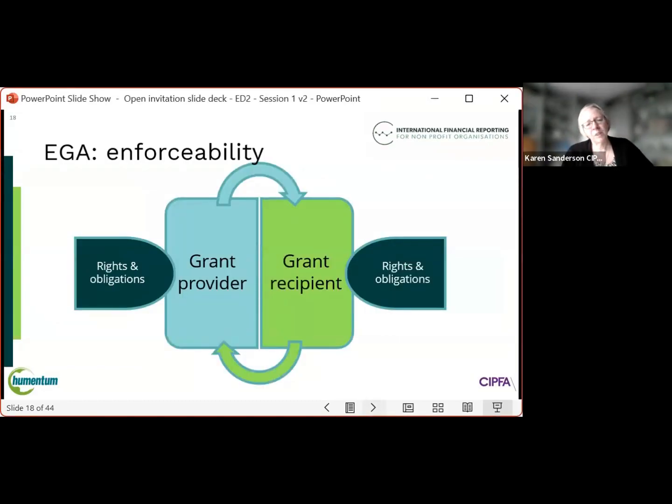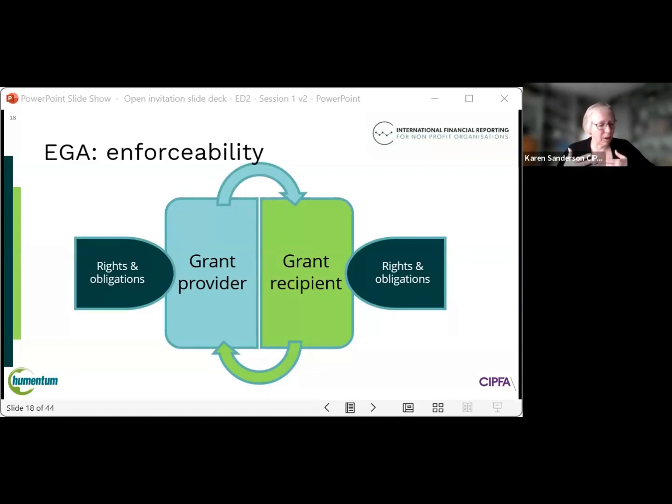So as I said, enforceability is really key here because the enforceability means that for the grant provider, the action that is in the grant arrangement needs to be completed. And then for the grant recipient, that they are entitled to have resources transferred to them in return for completing the action or activity that's described.